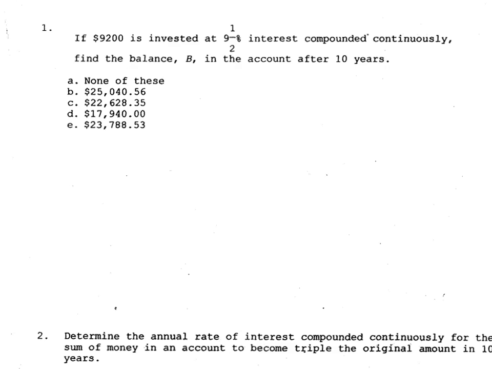So this is a compound interest equation. So we're going to use the formula for interest that is being compounded continuously, which is A equals Pe to the rt. P stands for our principal, so we are going to plug in 9,200.